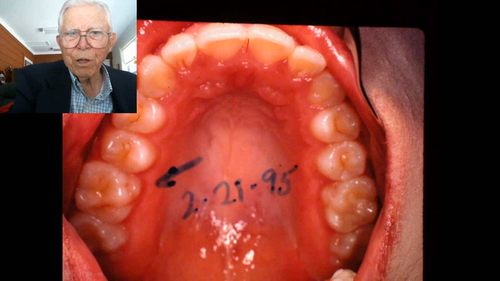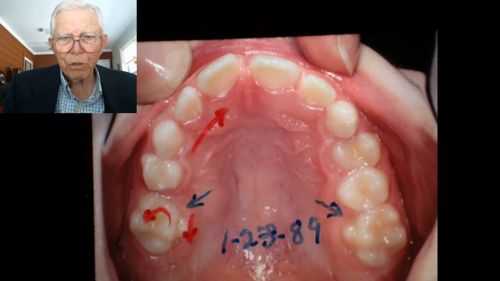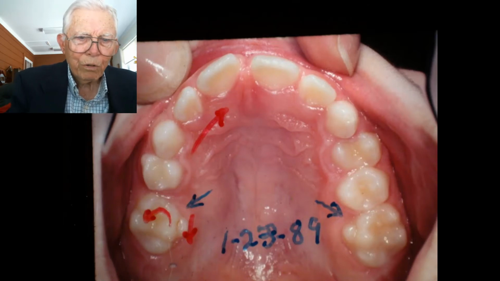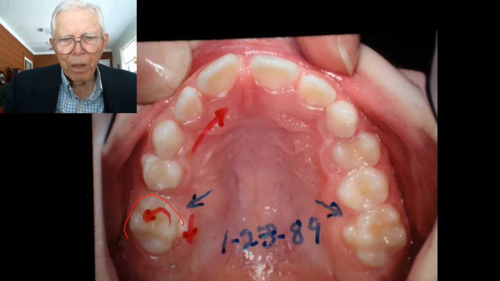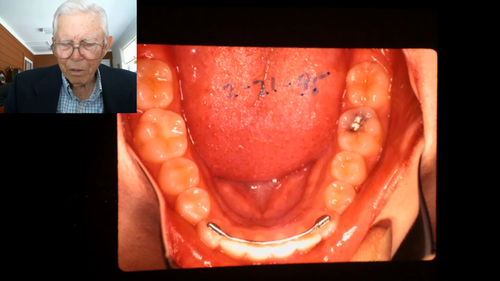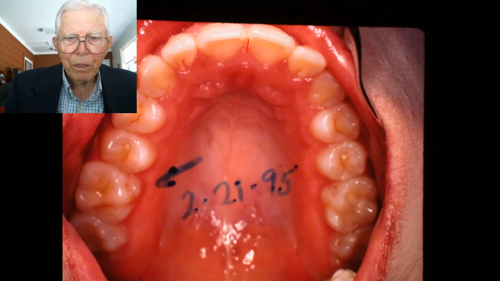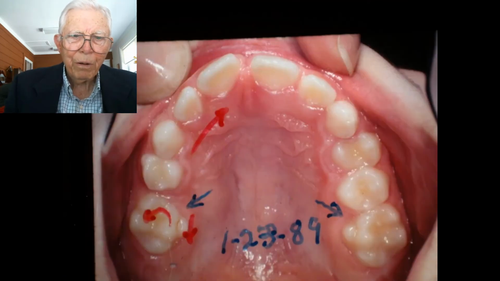And it's all lined up now and coming back here. This looks good. But there it was. You see how this tooth was rotated like that. And after we finished it, let me go back on that side over there. You see it's rotated here, and that's what happened.